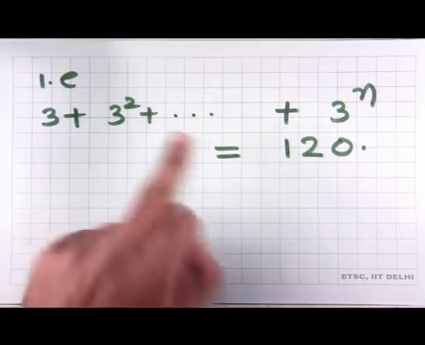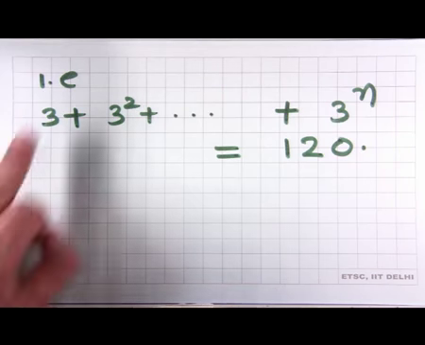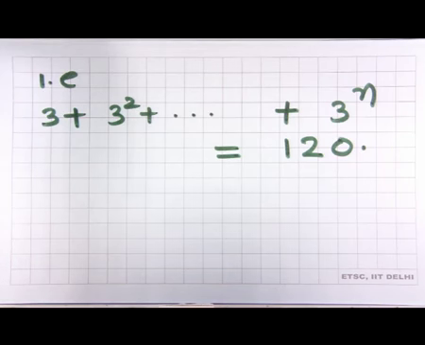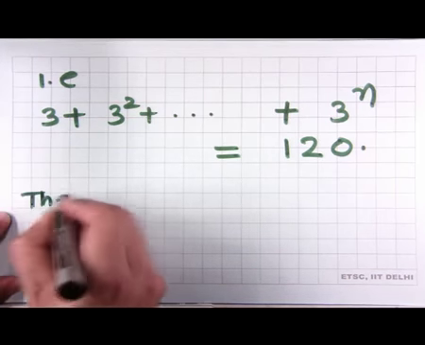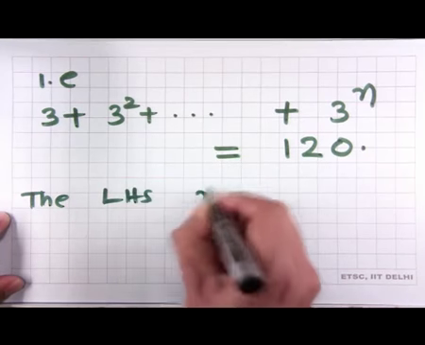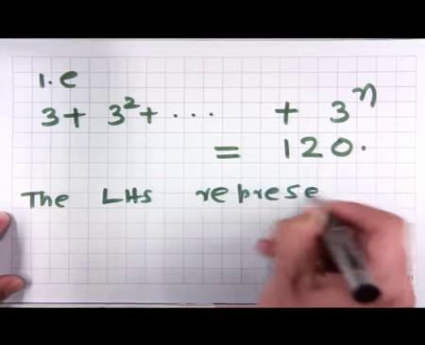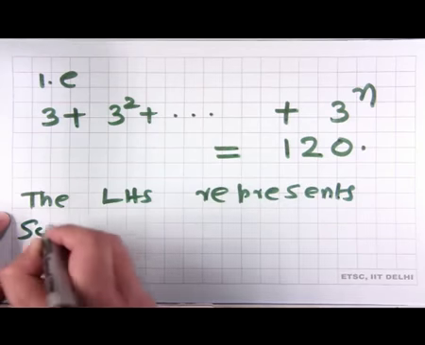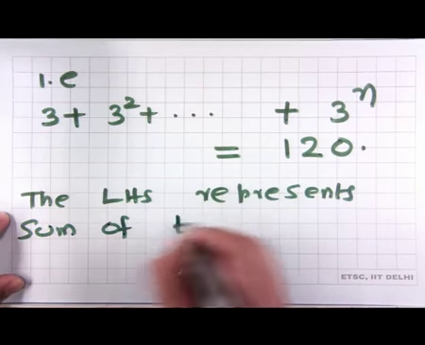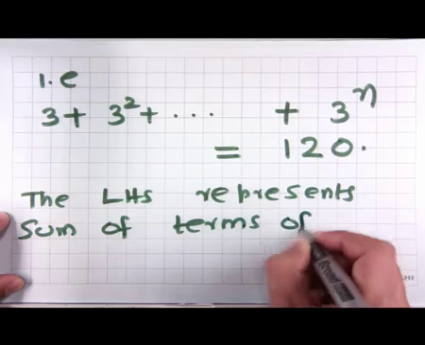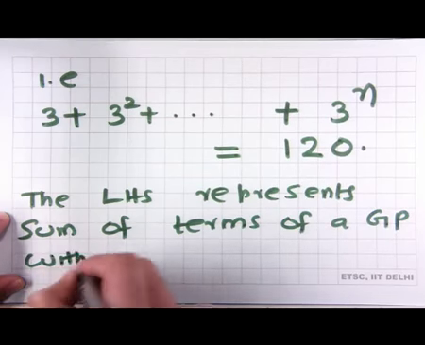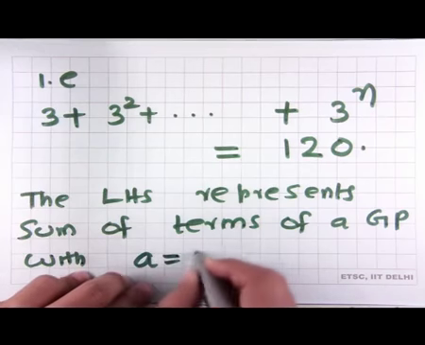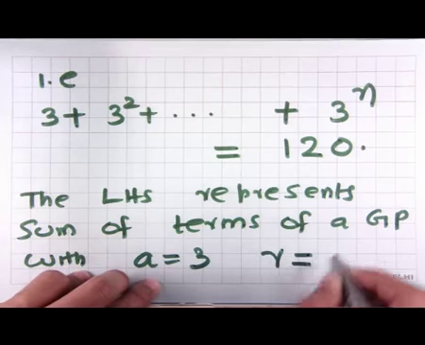Hence, it is a geometric progression with first term 3 and common ratio 3. The left hand side represents the sum of n terms of a GP with first term as 3 and common ratio as 3.